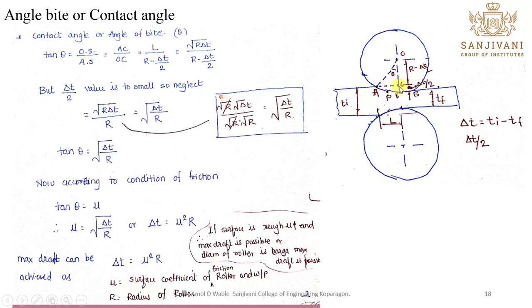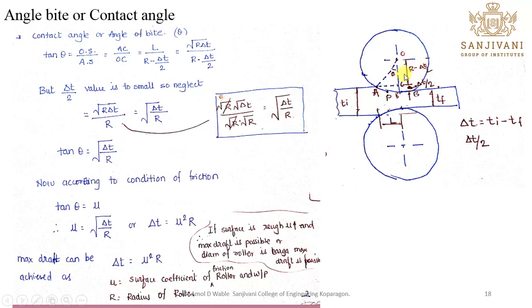Here we are interested in finding the maximum draft that can be defined, which is delta T. Tan theta, where theta is the angle of bite, can be written as opposite side upon adjacent side. Opposite side is AC, adjacent side is OC. AC is capital L, and OC is R minus delta T by 2.